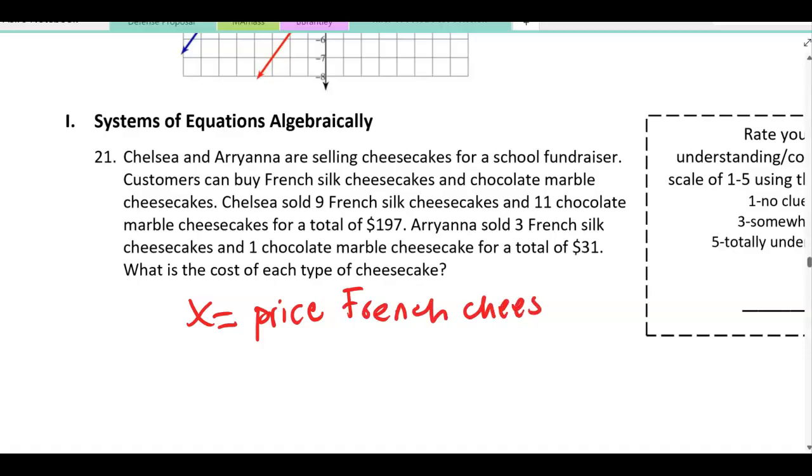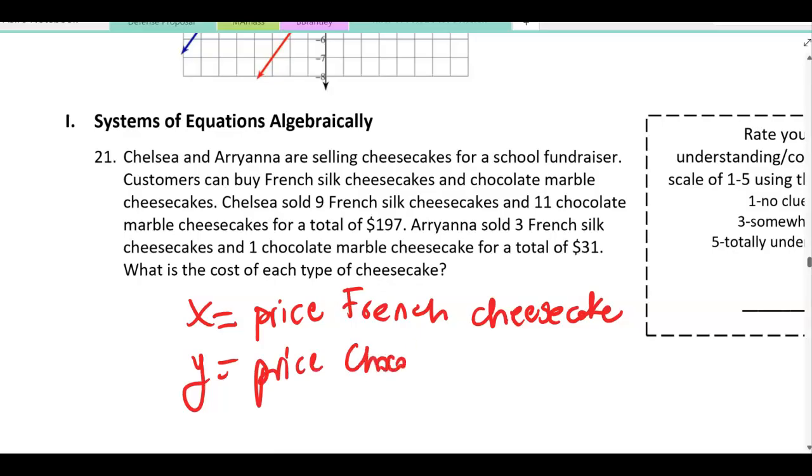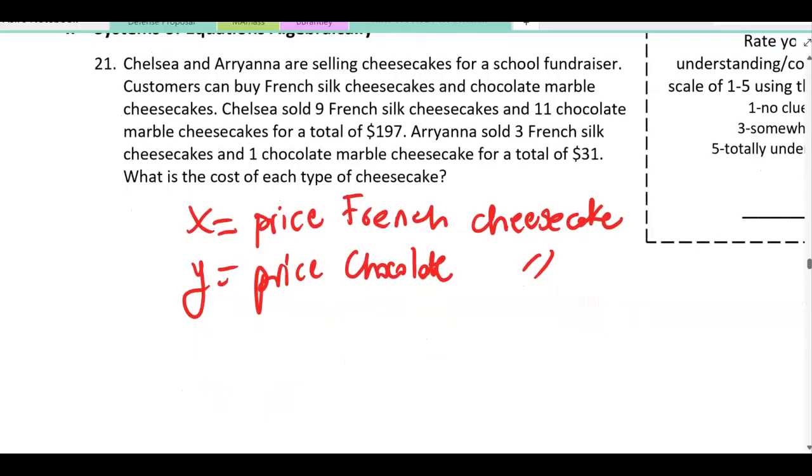What matters here, is it the price or is it the amount, right? And y will be equal to the price of chocolate cheesecake.